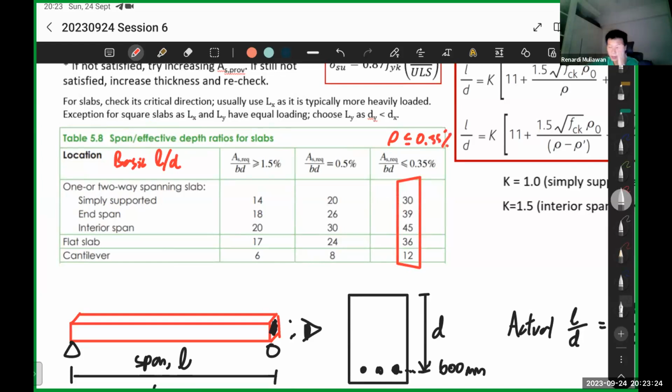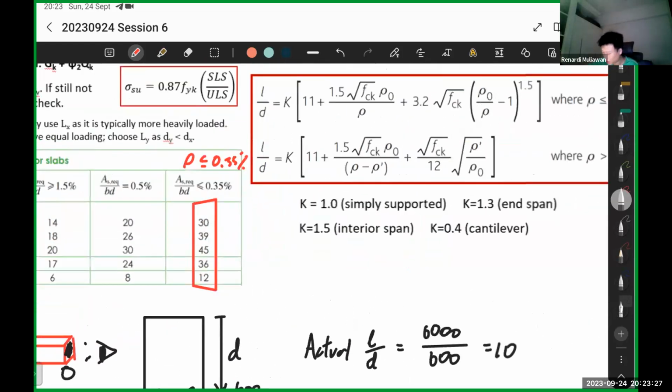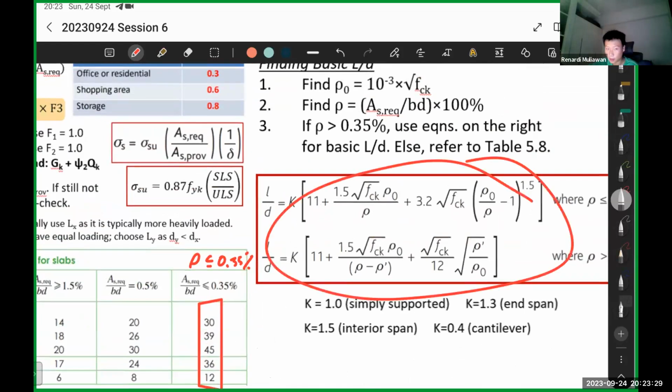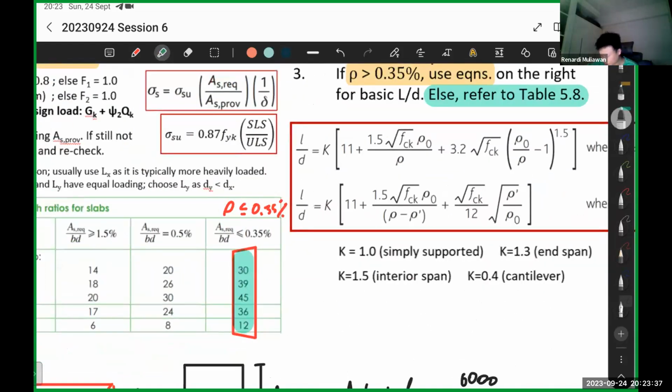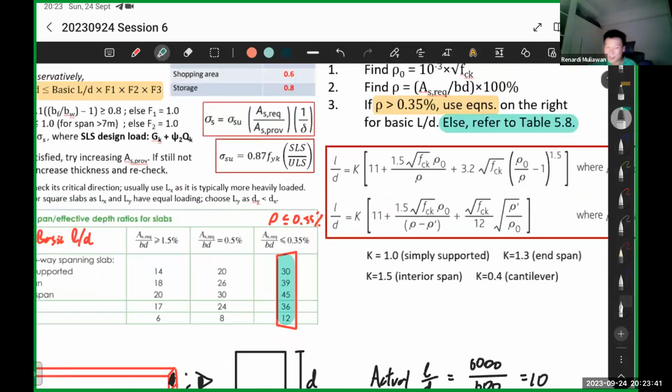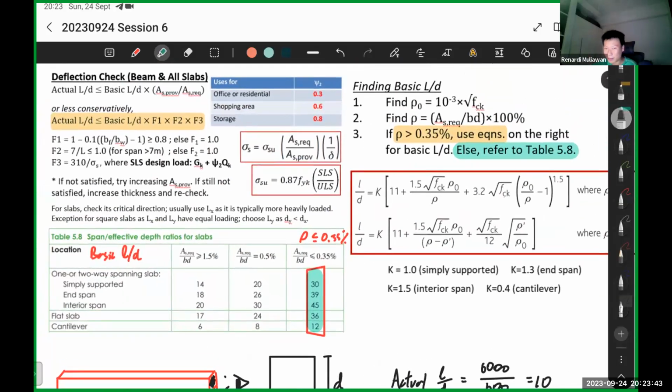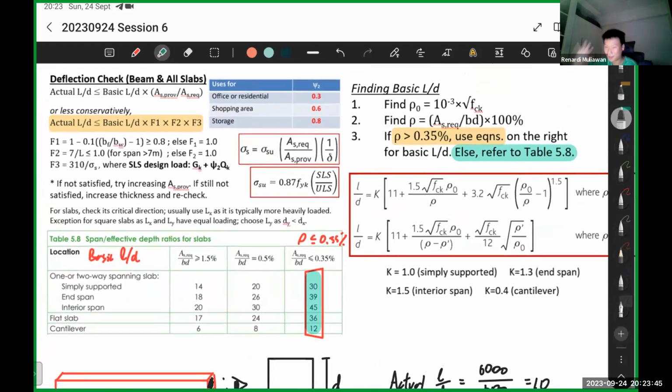If rho is bigger than 0.35%, you use the long formula. It's written here: if rho is bigger than this, then use the equations. Else, refer to table 5.8, which is this. This might be a little bit confusing, but it will become clear when I start doing the question. I'm just giving you an overview first.